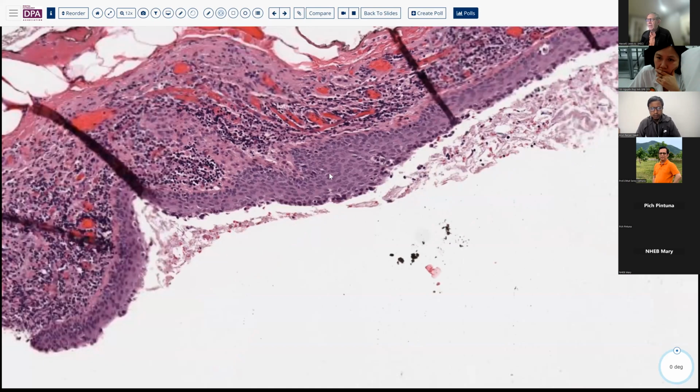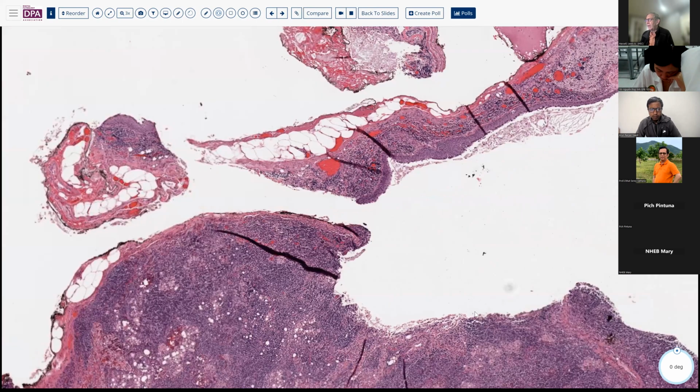Although it doesn't look like it's keratinizing per se, it can in some areas, and it may or may not have a granular layer. But stratified squamous epithelium and the surrounding lymphoid tissue gives you the diagnosis of lymphoepithelial cyst.